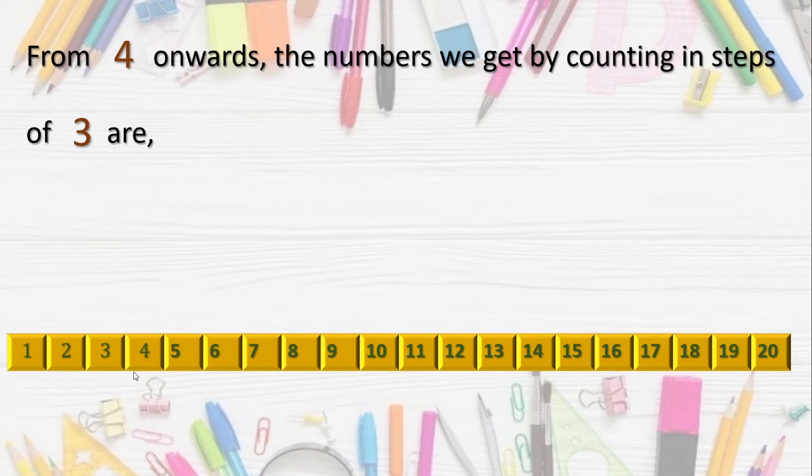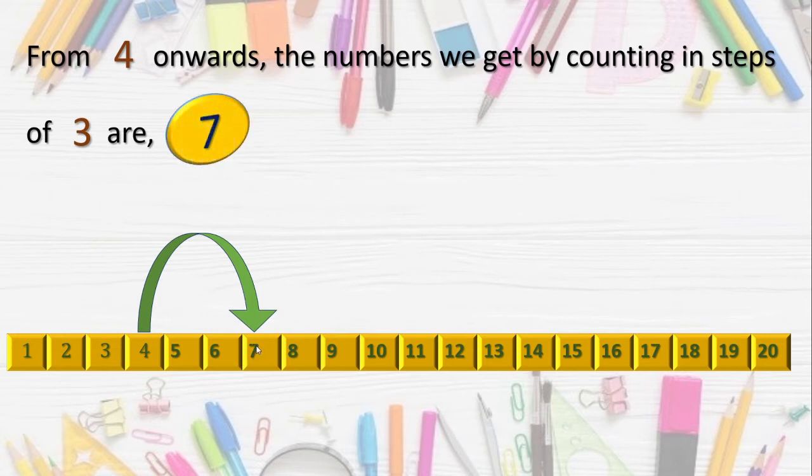We'll begin from 4 to 7, right? Counting in steps of 3 means we get 7, isn't it? 4, 5, 6, 7. 3 numbers, right? So we'll write 7 here. Okay. Then from 7 to which number?